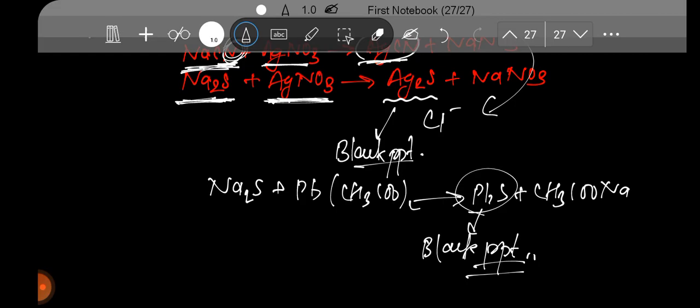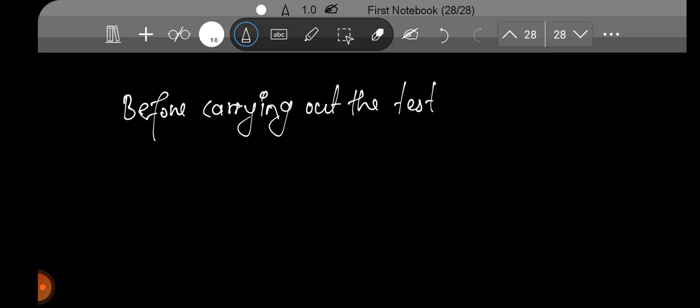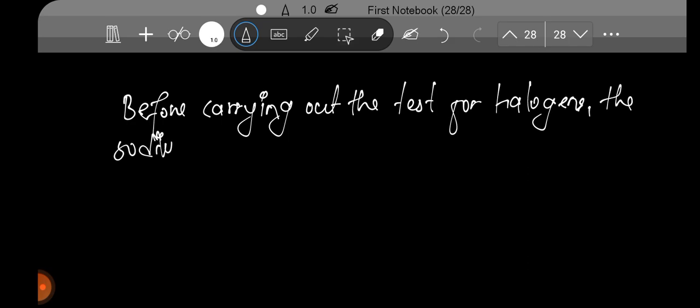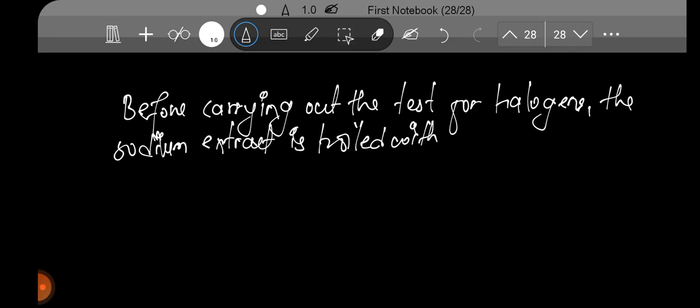So before carrying out the test for halogens, the sodium extract is boiled with conc HNO3 to remove what?